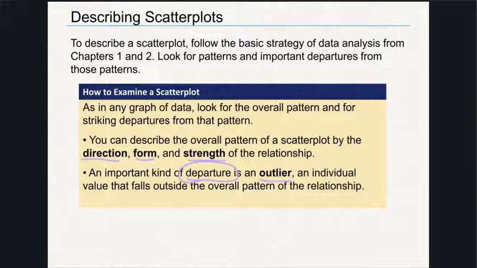The direction actually will show you whether or not you have a positive or a negative correlation. The form is linear, quadratic, exponential, curved. Those are things that you look at for form. And strength is how closely are they related? Are they loosely related or are they closely related?